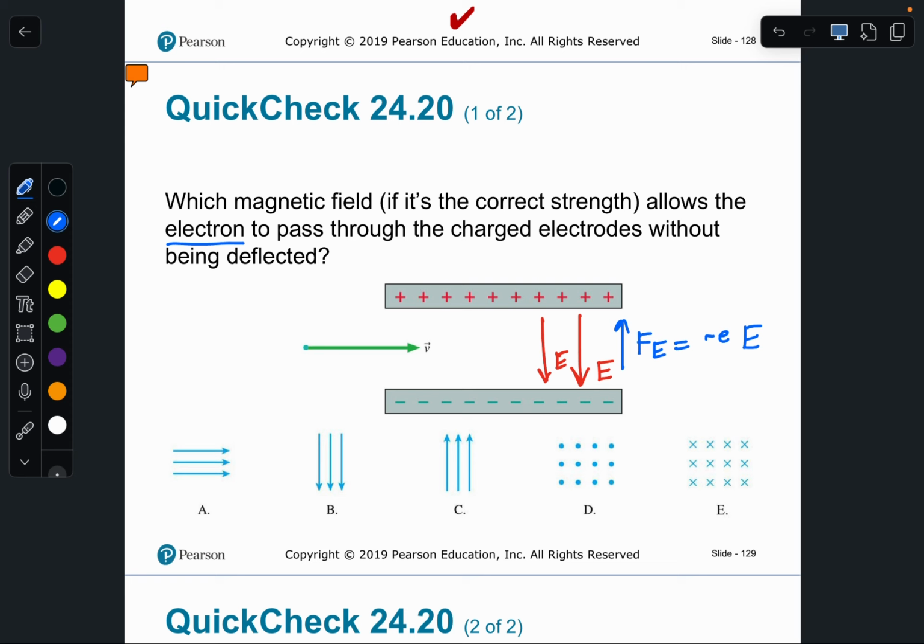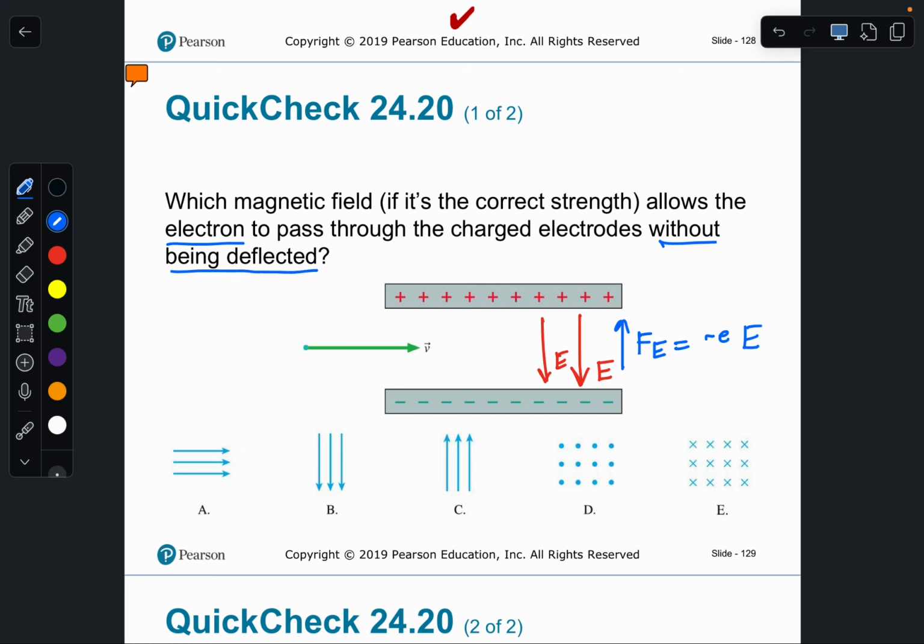But if there's a magnetic field as well, then there's going to be an additional force vector. So let's read the problem. We want that charge to pass through without being turned by the magnetic field, right? So in order to counteract the turn of the magnetic field, that's what the electric field is going to do.